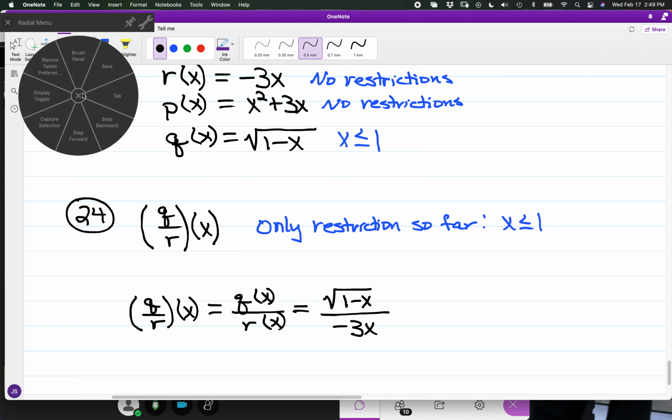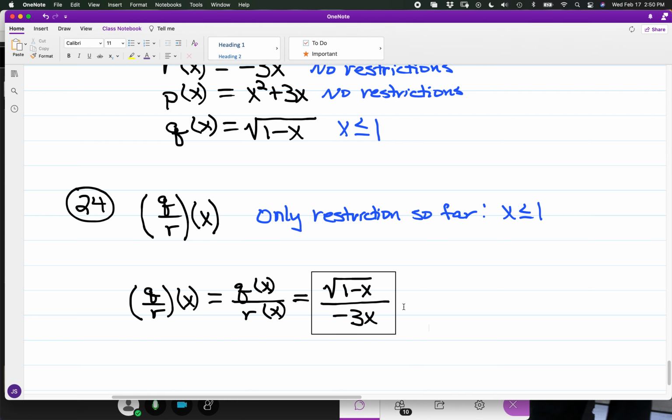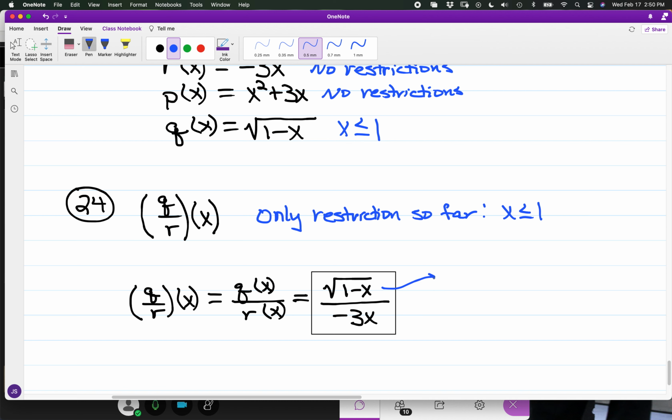Now for the ratio, this one is already in simplest form. But now, in terms of the domain, if you notice, the square root of 1 minus x is at the top, so you can have a 0 numerator. That part will be defined for x is less than or equal to 1.